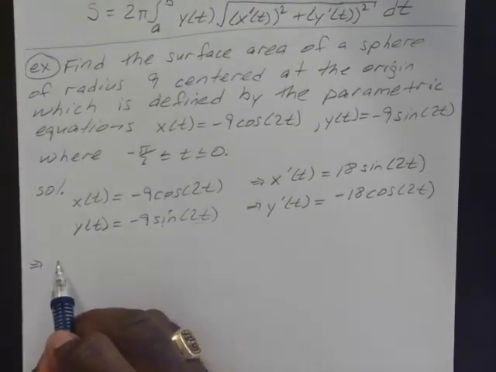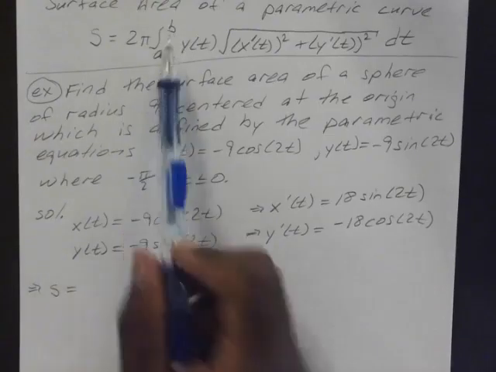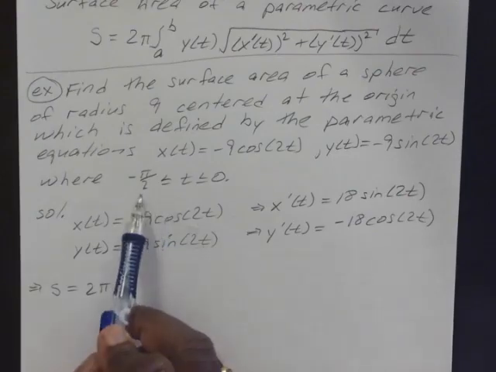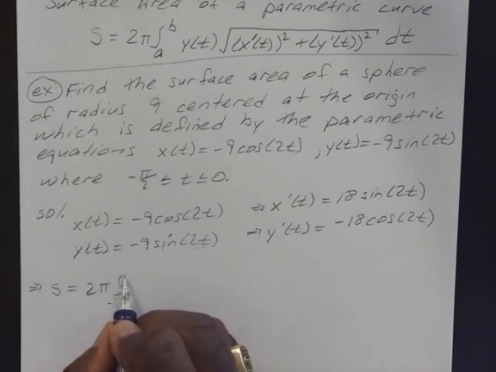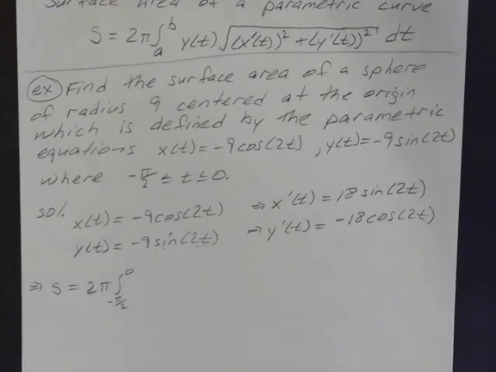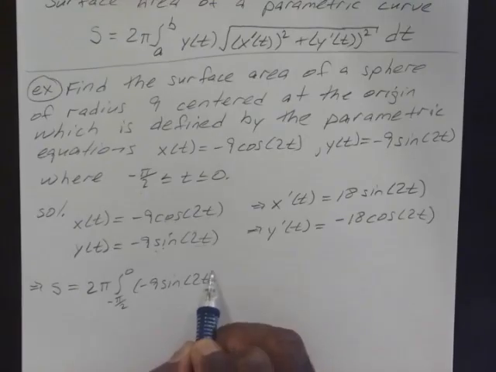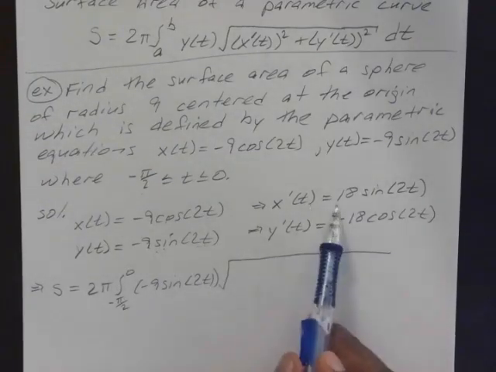Okay, so we know that the surface area is equal to 2 pi times the integral from a to b. So this would be 2 pi times the integral from -pi/2 to 0 times y of t, so that y of t is -9 sine of 2t, times the square root of x prime of t squared.